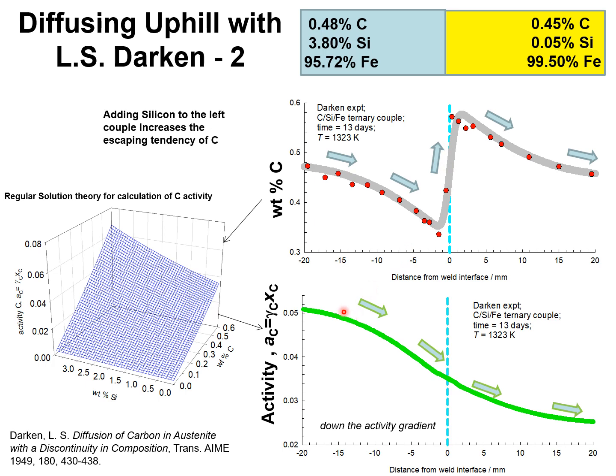In other words, the experience of uphill diffusion is not observed when we use activity gradients as driving forces for transfer of carbon from one compartment to the other.